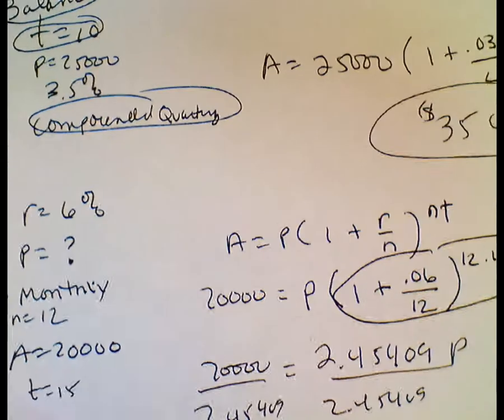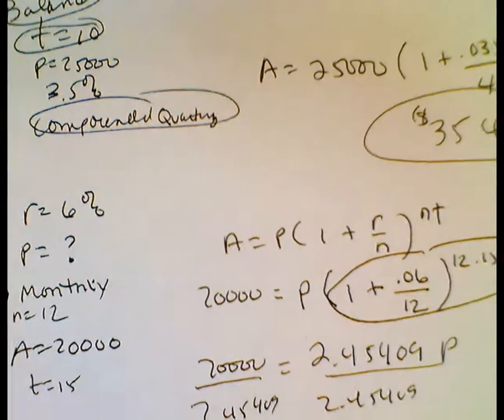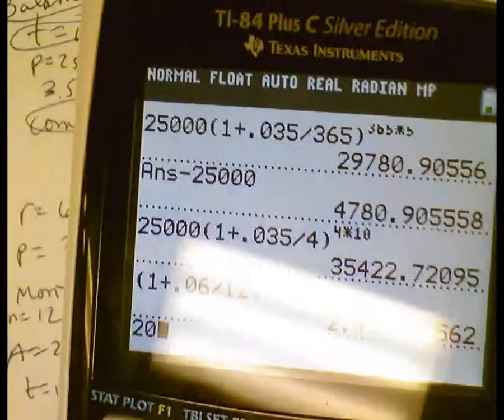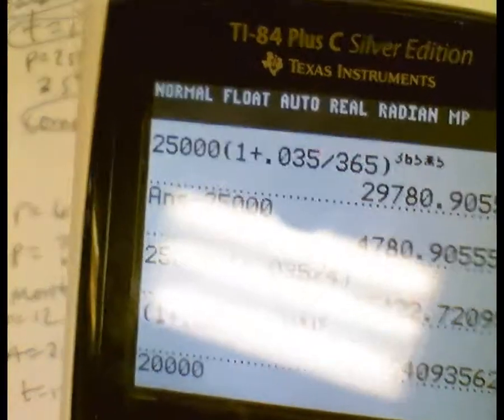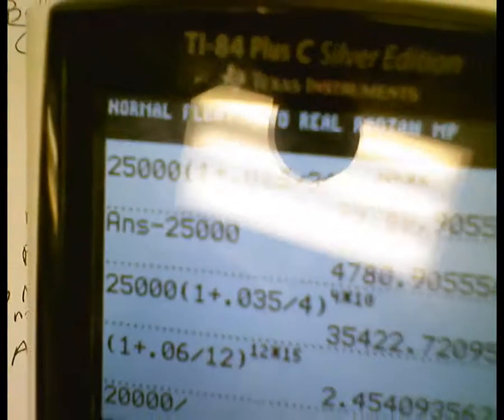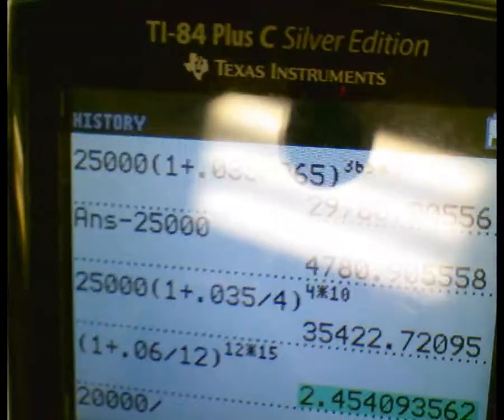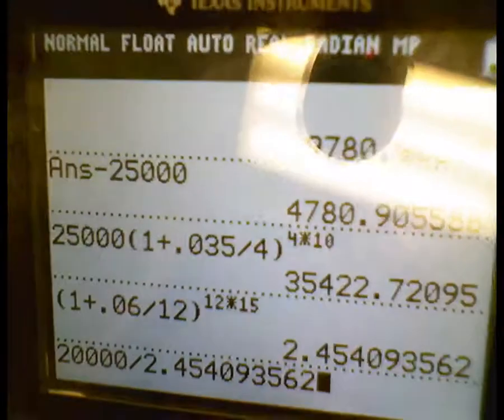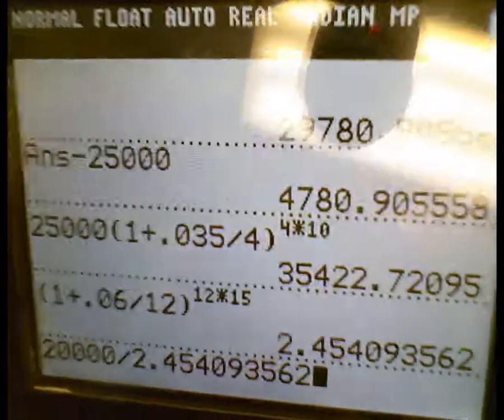Now I'm just writing a bunch of numbers down right now, but I want you to keep this on your calculator. We're going to type in 20,000, and we're dividing by this number. We're going to copy and paste this. See how I copied and pasted that? Press enter. That way you don't have to worry about rounding errors.